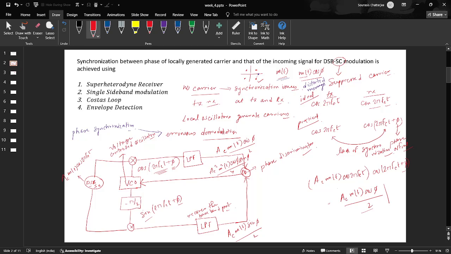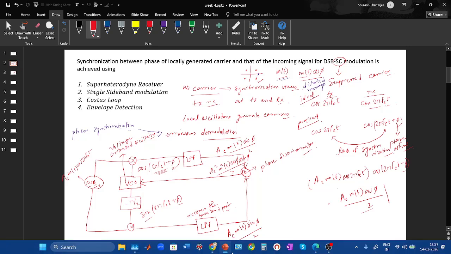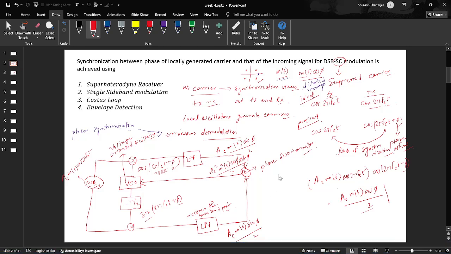So basically using these few components, you can achieve this kind of phase locked loop that would ensure synchronization between the transmitter and receiver at a very early stage of demodulation. So this is how synchronization is achieved. And this particular circuit that you are seeing is nothing but the Costas loop.